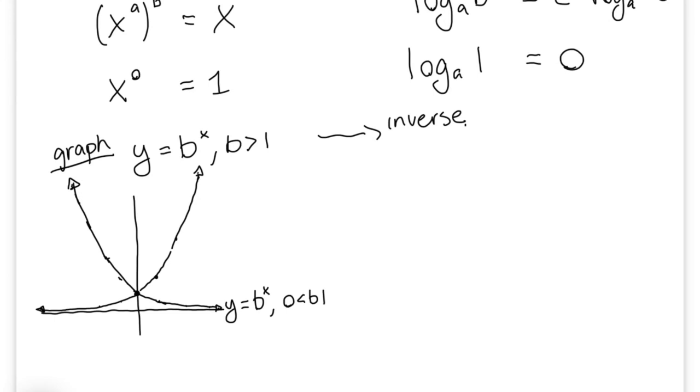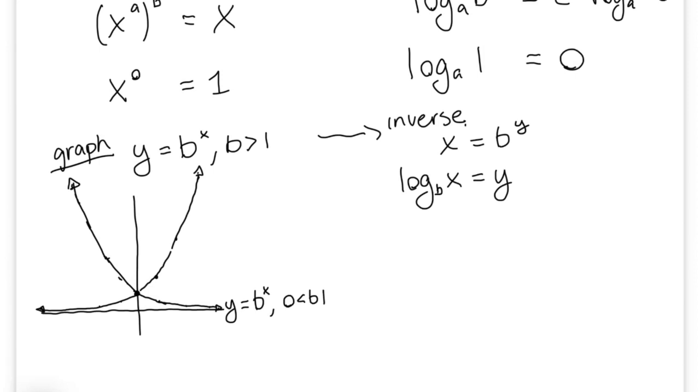The inverse would be x equals b to the y. Now, if I wrote that in logarithmic form, okay, then I would have log with a base b, argument x, because the argument is the value of the power, is equal to y, or y equals log base b of x.